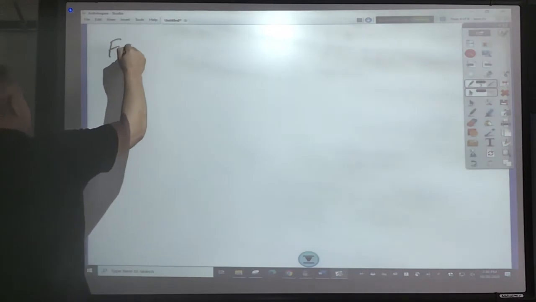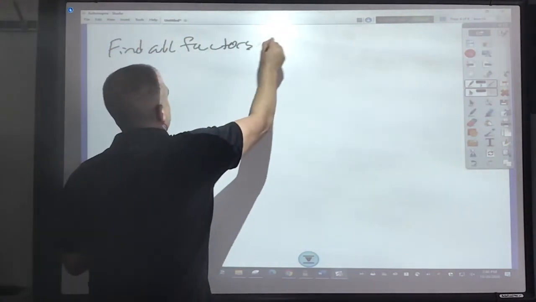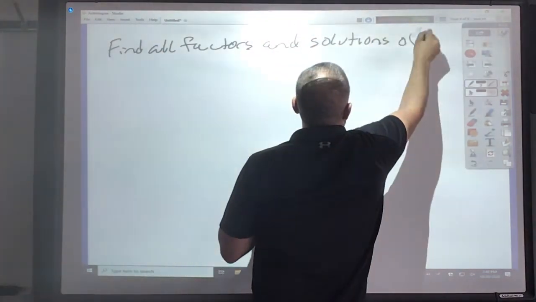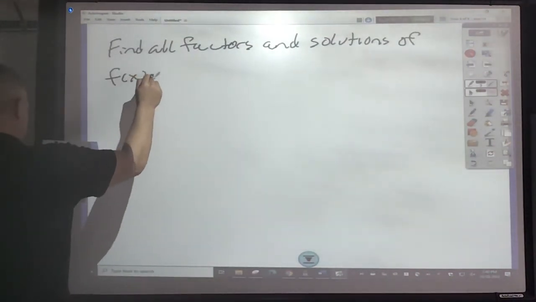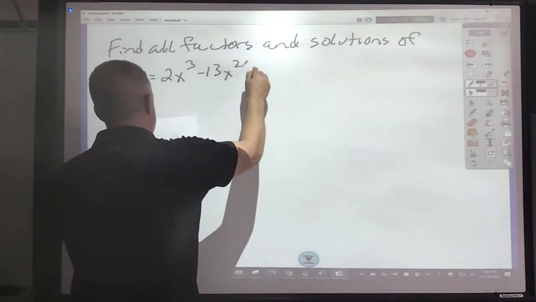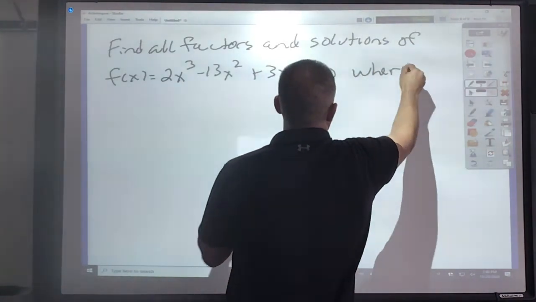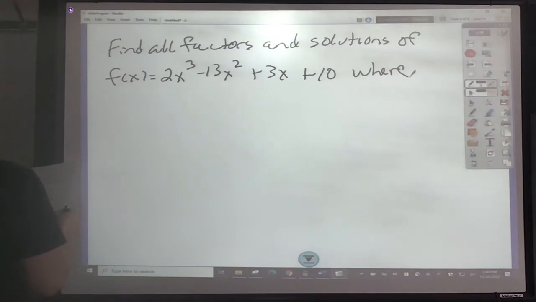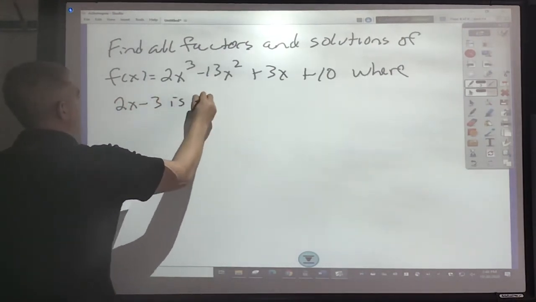Next question, find all factors and solutions of f of x equals 2x cubed minus 13x squared plus 3x plus 10, where 2x minus 3 is a factor.